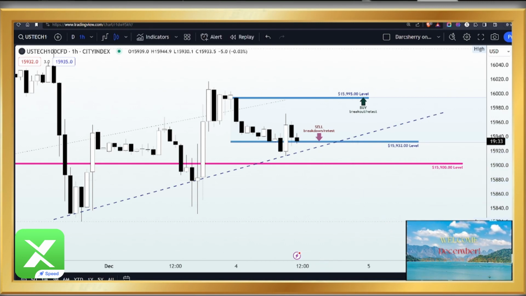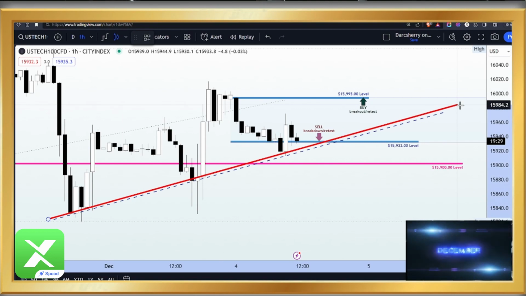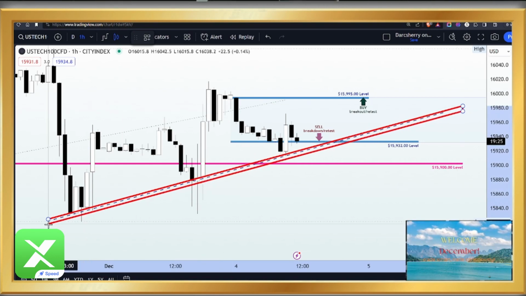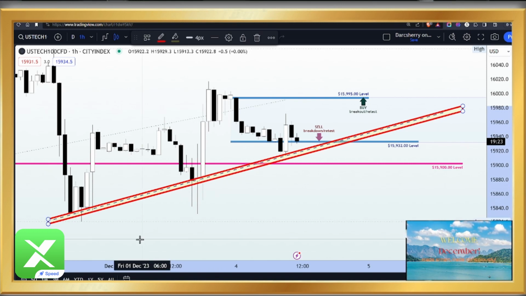However, since we have an ascending trend line here, which has been supporting the bullish momentum since last week Thursday, let's see if the price will break down the structure.